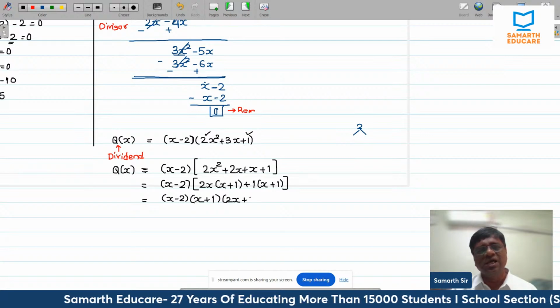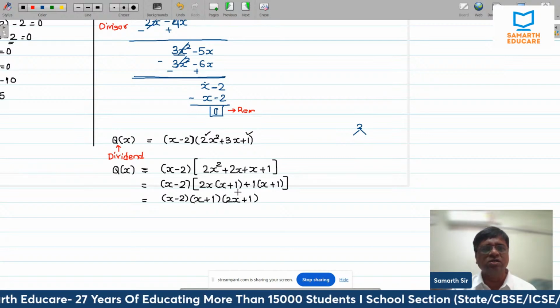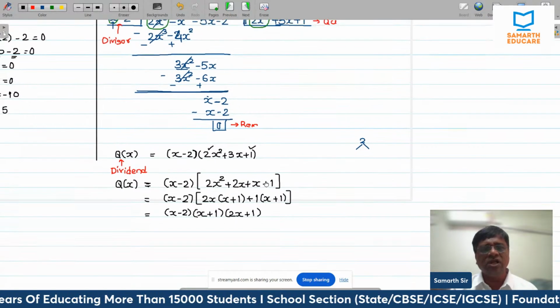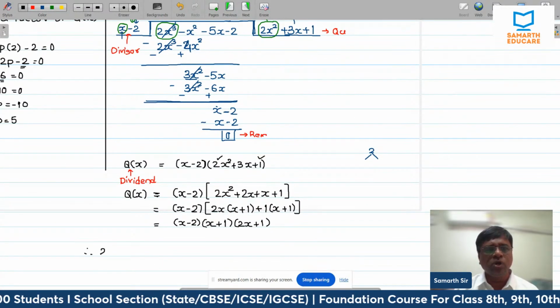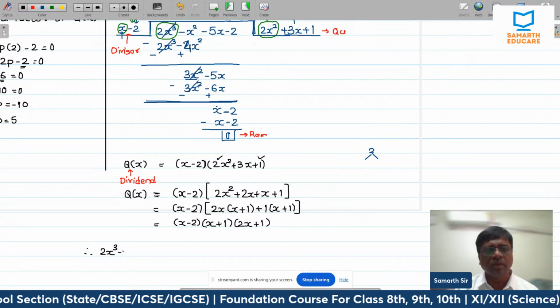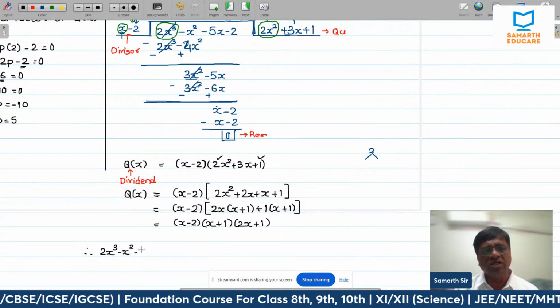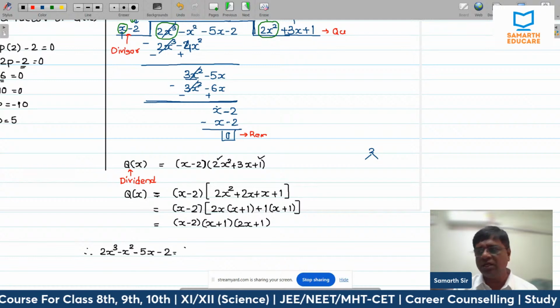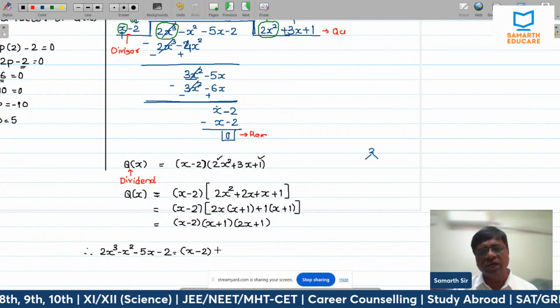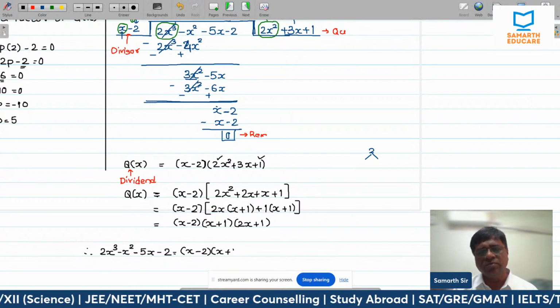So this is the complete factorization, right? And I will write the complete factorization as 2x cubed minus x square minus 5x minus 2 can be written as x minus 2, x plus 1, 2x plus 1.